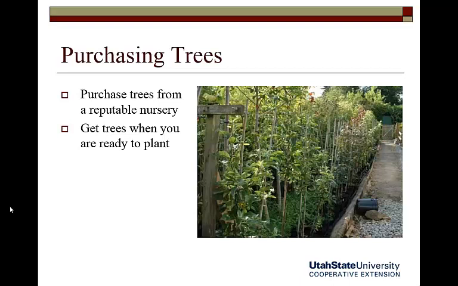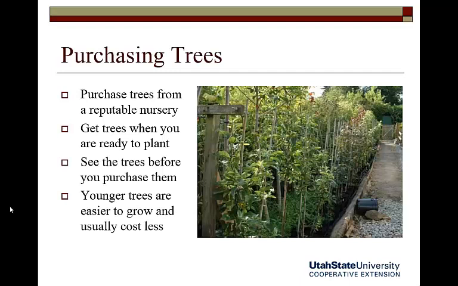Not here. Okay? The other thing I like is you can go and get the trees when you want them. The other thing that I like to do is, if this is in a pot, pretend this is in a pot with me, I can pull this tree out and look at it and say, okay, it's got some branches down here, but it really doesn't have much right here.